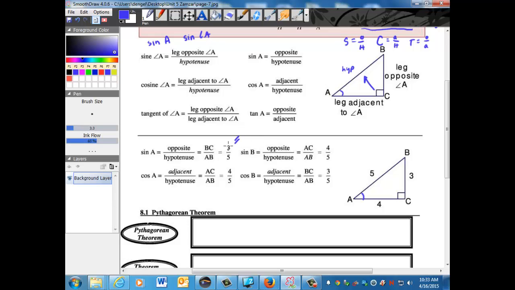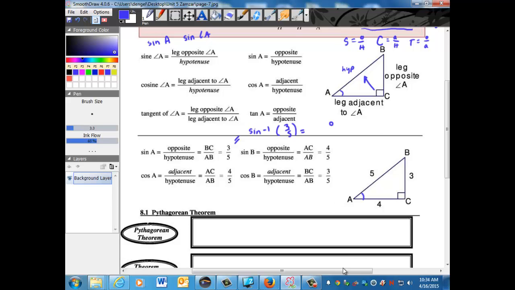Alright, so this is the ratio of sine of angle A. Now this doesn't mean a whole lot to you now, but it will later, and here's why. On a scientific calculator or your phone, you can enter in second sine or the inverse of sine, so it's sine^-1, and then when you enter in 3/5, it's going to give you an answer in degrees, which means that you can actually find this angle measure.